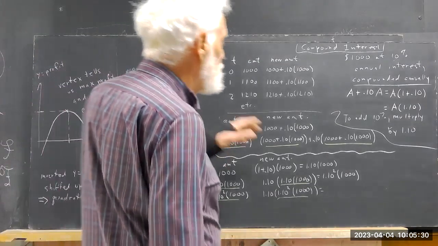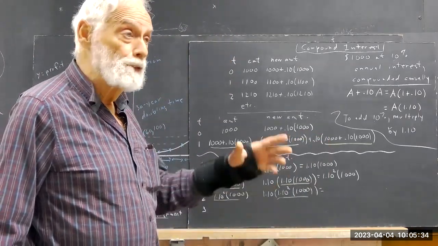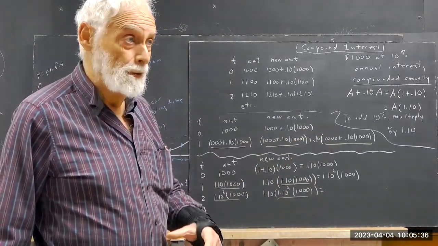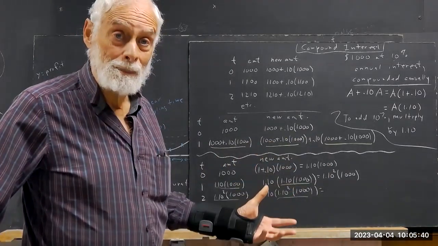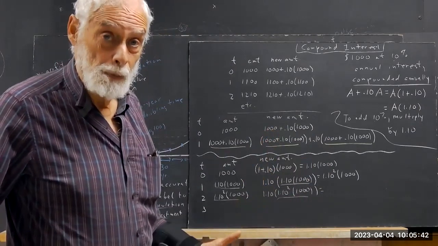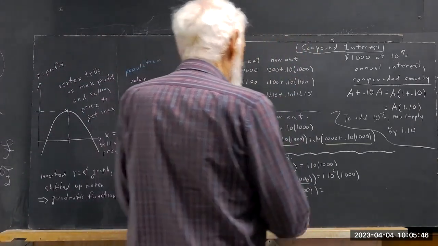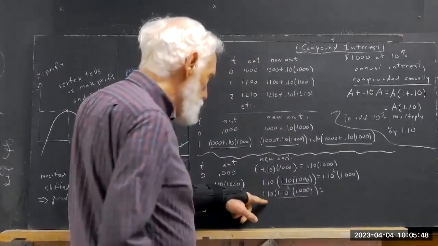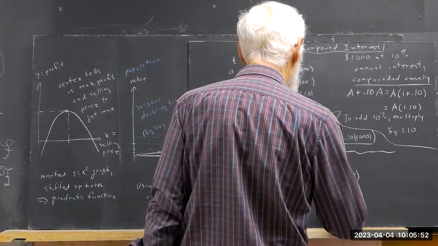Now, what we're doing is working on understanding compound interest, and understanding where this formula comes from that nobody can remember. But everybody's going to be able to solve it as soon as we get a little more experience with logarithms. Obviously, if we multiply 1.10 by 1.10 squared, we get 1.10 cubed.